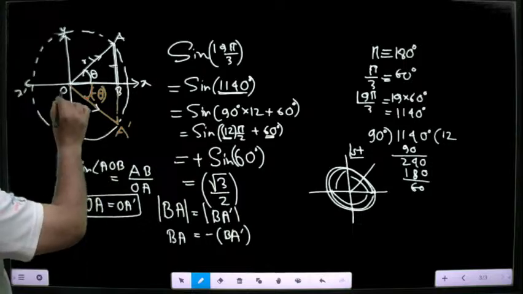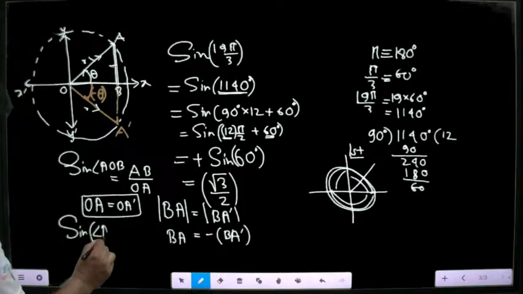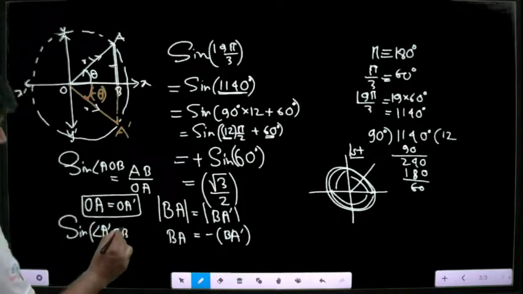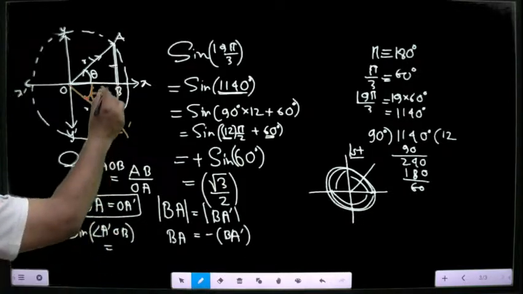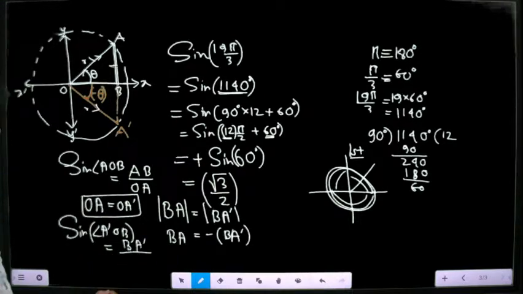Now sin A dash OB will be BA dash by OA dash.